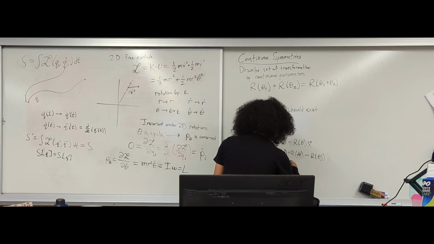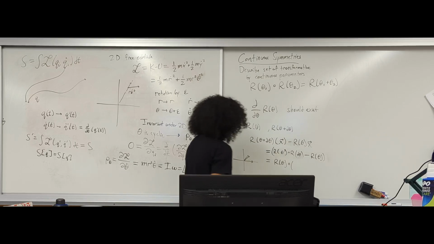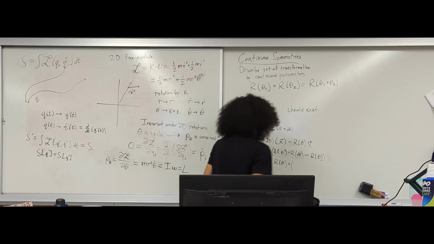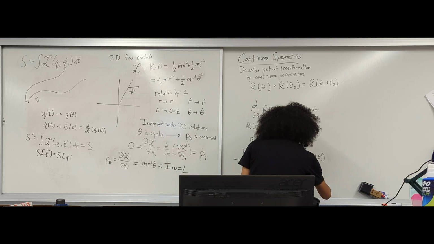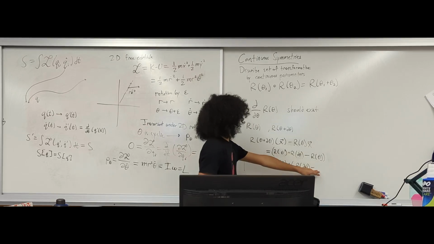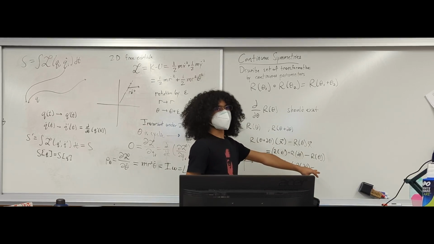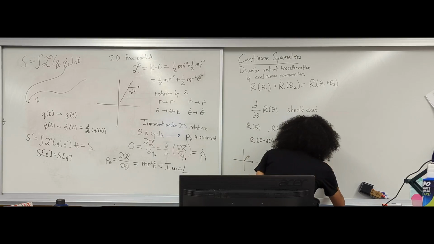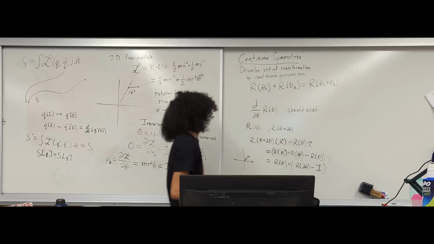Well, this is R of theta composed with this transformation that is R of d theta minus the identity, right? You can also consider that as the rotation by 0 degrees. So the identity transformation is a transformation that does nothing.